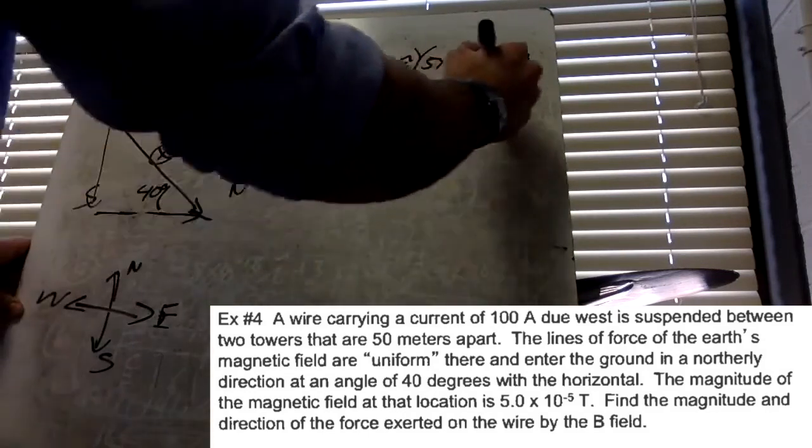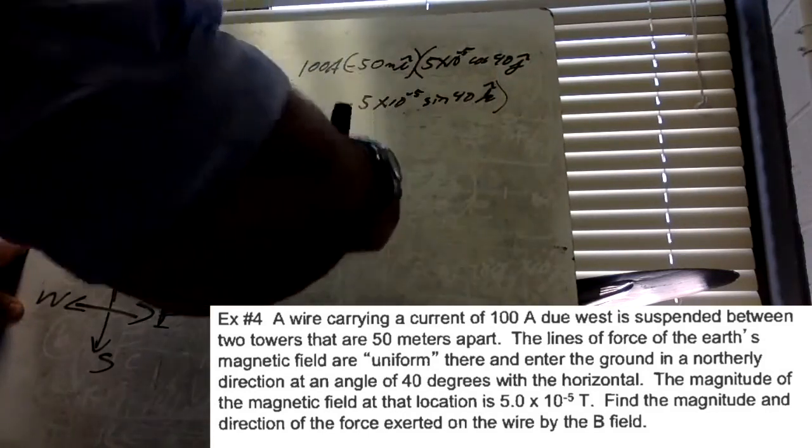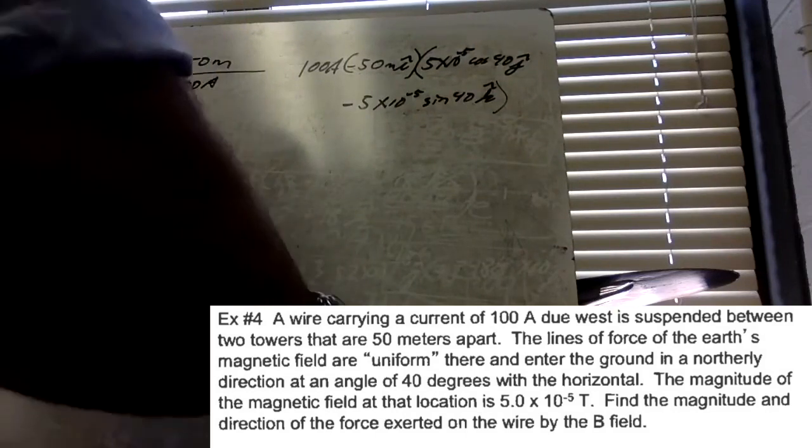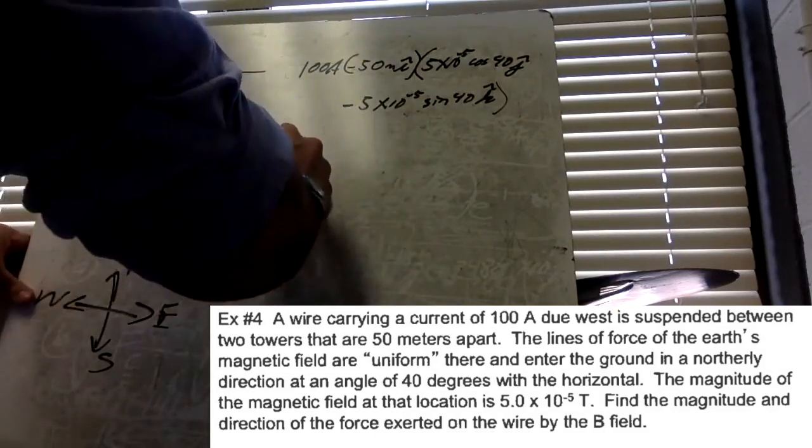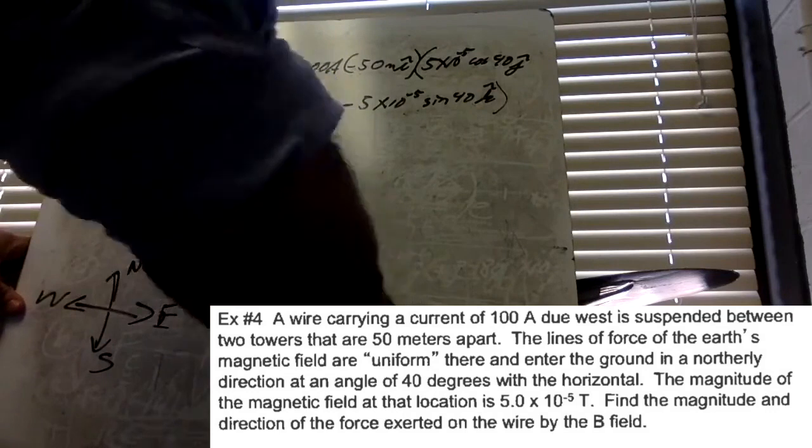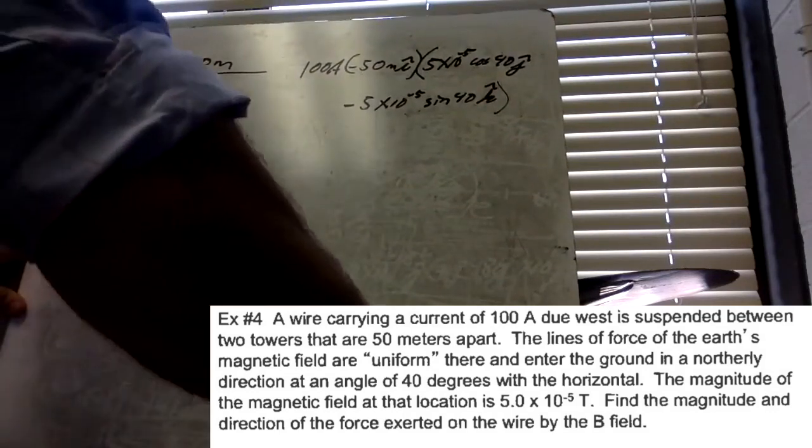Okay. And so now, when I do this, what I end up with is this cross product. So this is 100 out front. Let me erase this, create a little more space.